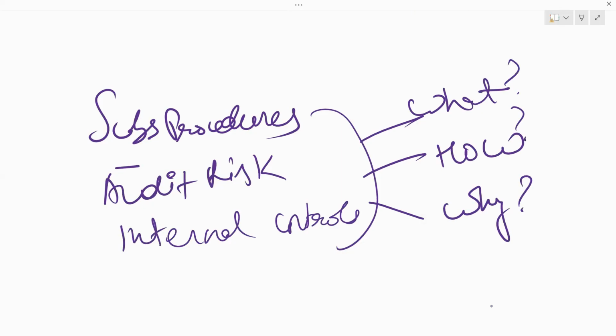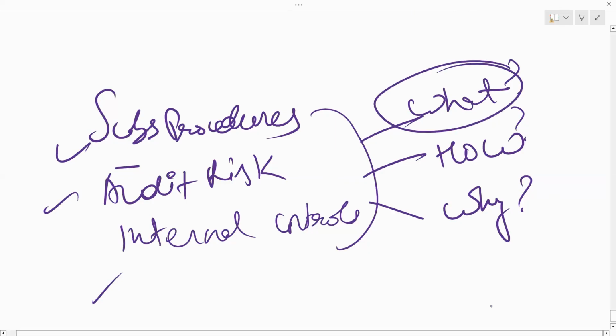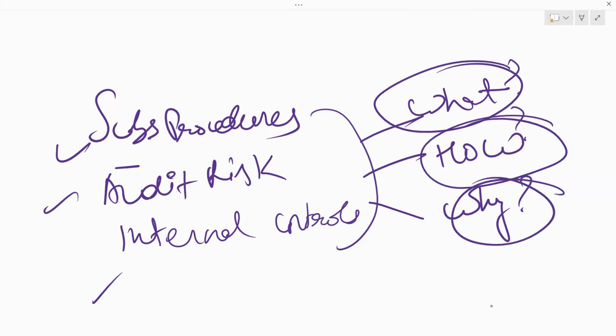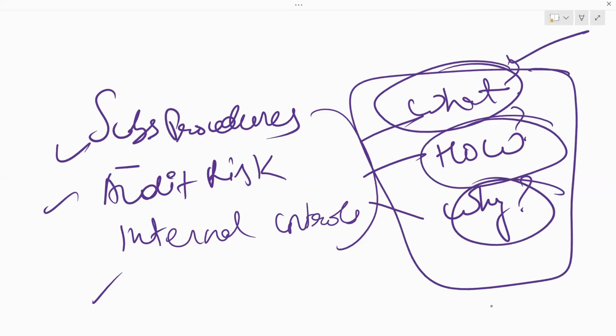If you write your procedures, audit risk or internal controls according to these three questions, and your statement answers them, you are sorted. You do not have to worry about them. So what are you doing, how are you going to do that, and why are you doing that? Simple. Please keep these three questions well fitted in your mind, and do write these in your answer, right?